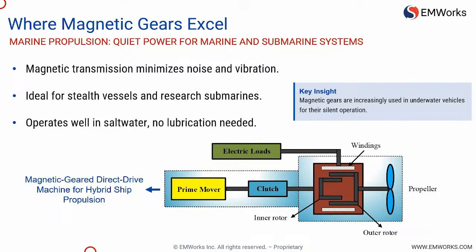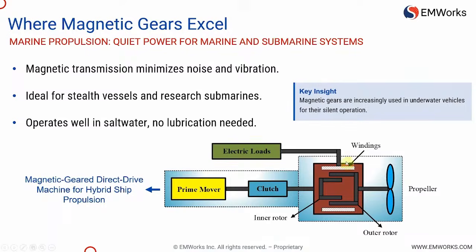As shown in the diagram, here we have a magnetic gear direct drive machine designed for hybrid ship propulsion. The prime mover, which could be a diesel engine or combustion engine, drives the system through a clutch and the magnetic gear assembly transfers torque to the propeller.